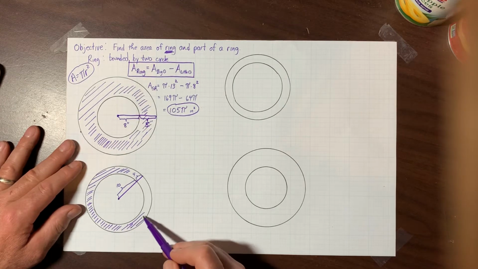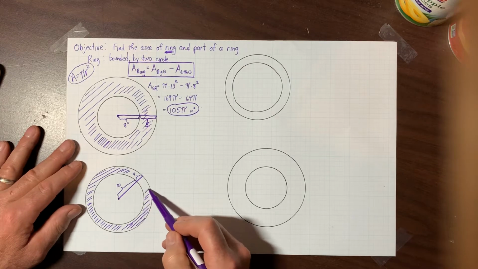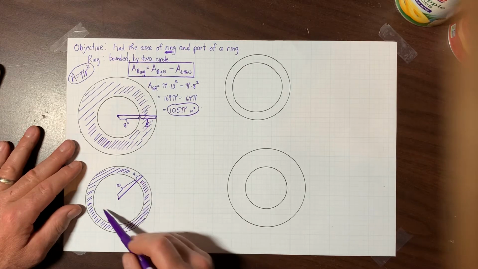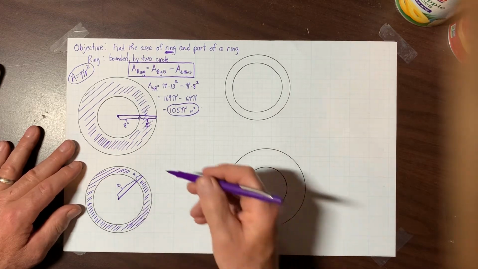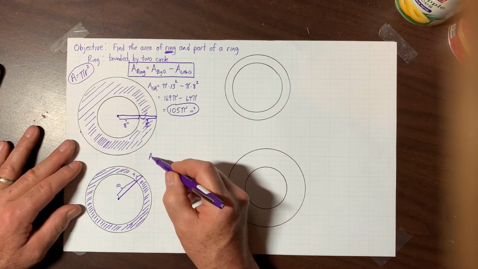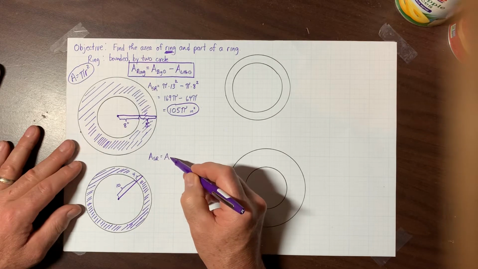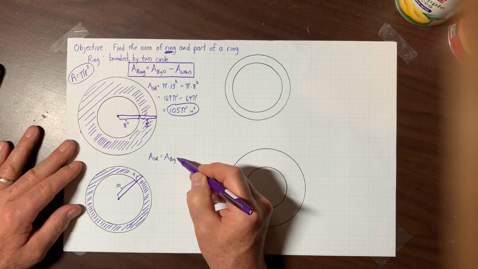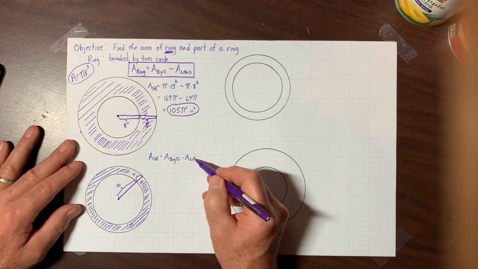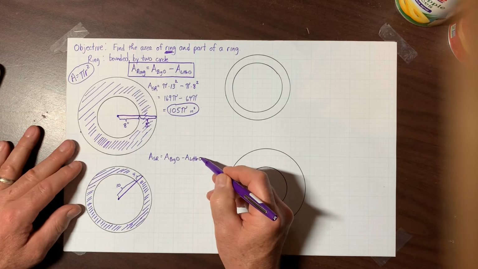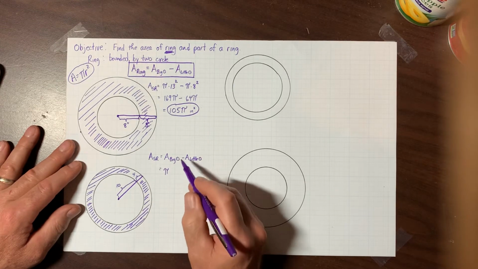So to find the area of the shaded region, we'll be finding the area of a ring. And to find the area of a ring, we find the area of the big circle, we find the area of the small circle, and we do a little subtraction problem. So here we go. The area of the shaded region is going to equal the area of the big circle minus the area of the little circle. The area of the big circle is going to be pi times its radius squared.